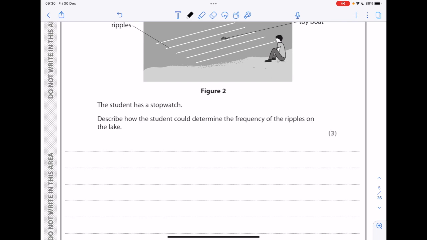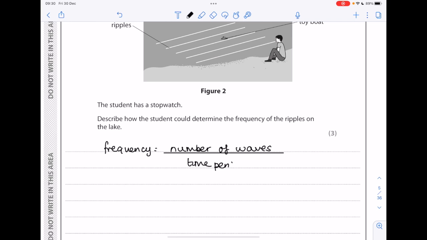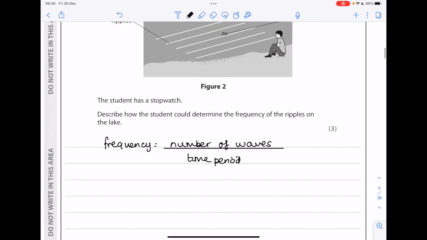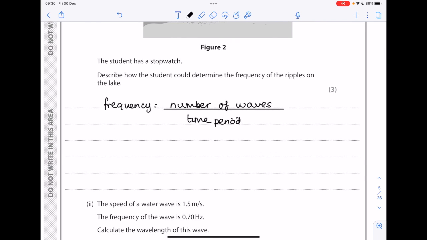And it's given by the equation number of waves divided by time, or time period. So in that case, the student could count the number of waves passing a point in a specific time frame. A second would be obviously too short a time frame for the student, so maybe something like a minute.